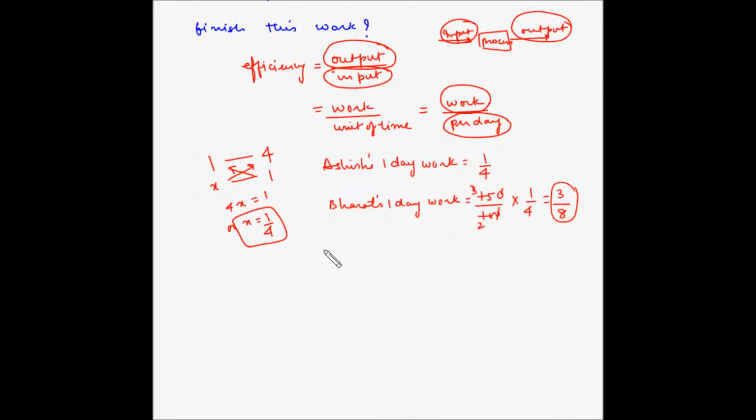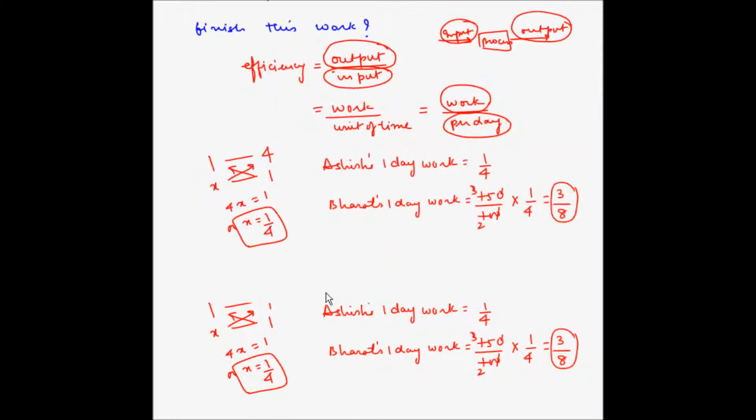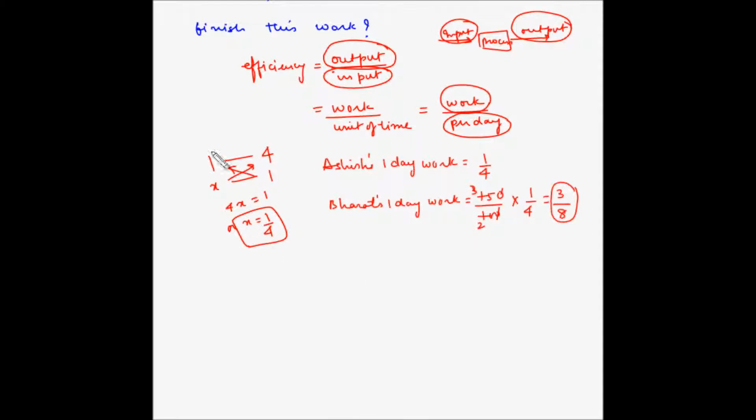Now we have to find out how much time Bharat will take to complete the whole work. So again the same concept here. In 4 days Ashish was able to do the whole amount of work. In 1 day, Bharat can do 3 by 8th of the work. So in how many days will he do the entire work, which can be considered as 1?